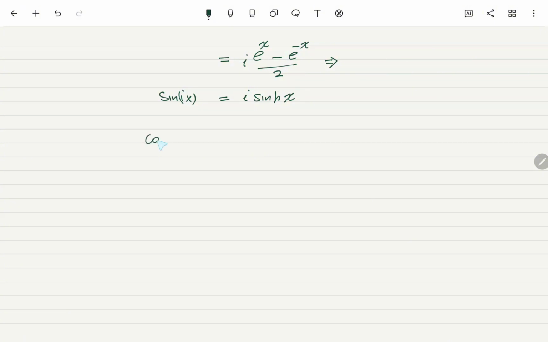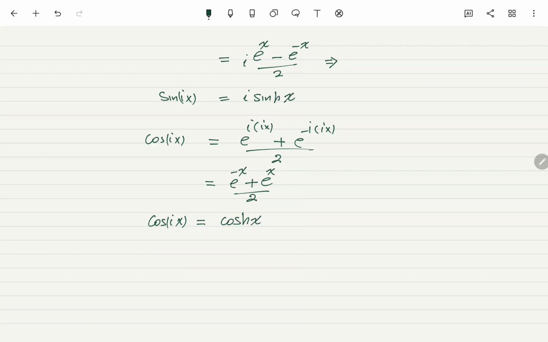So cosine ix, use the definition, and instead of x use ix, (e to i(ix) plus e to minus i(ix)) divided by 2, which is equal to (e to minus x plus e to x) over 2, and therefore cosine ix is equal to cosine hyperbolic x.